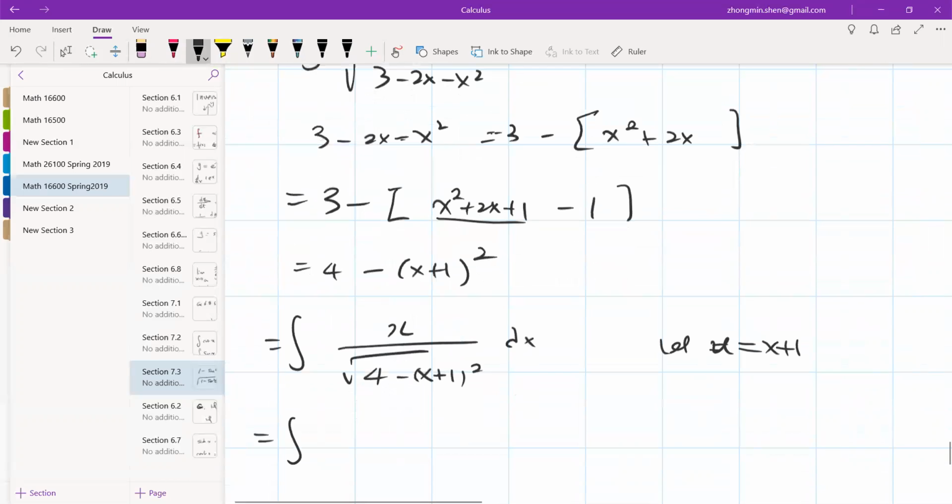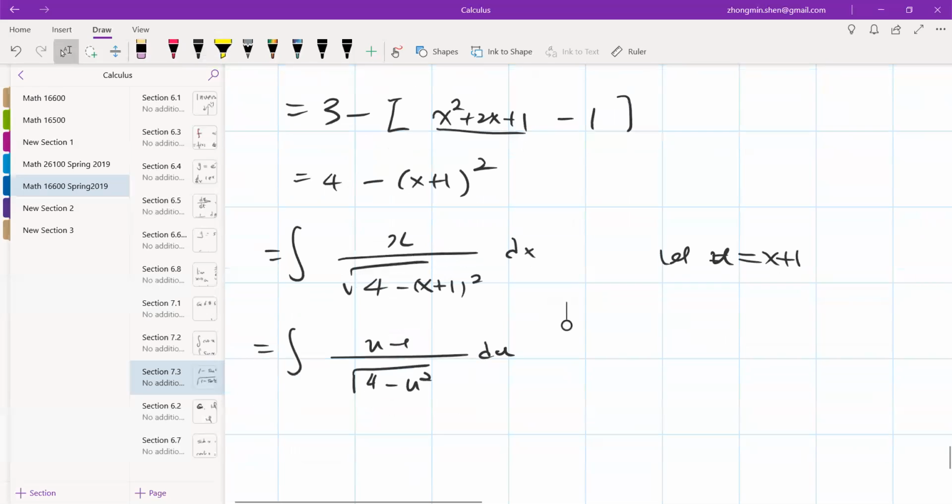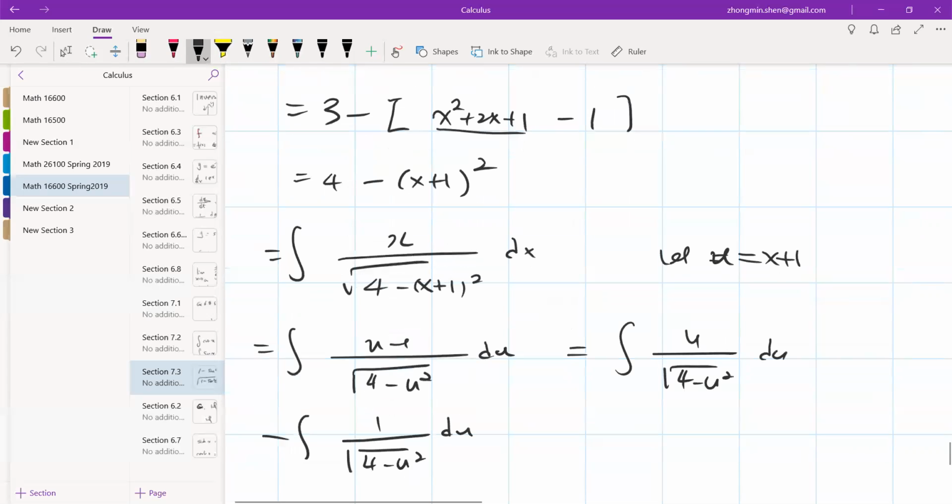Then this is the integral of u minus 1 over the square root of 4 minus u squared, du. Then you still have to separate into two integrals. And then when you look at this, you can deal with the first one without any problem, then deal with the second one using a trigonometric substitution.